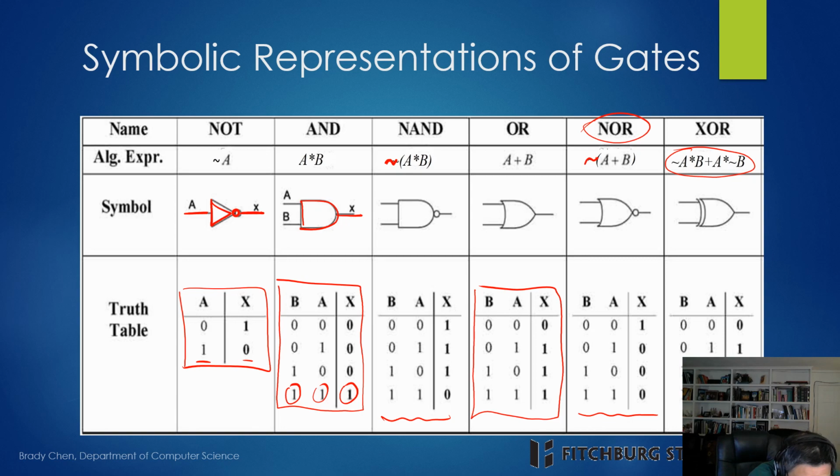Now the exclusive OR gate is kind of strange, because if you look at the table, the output line is based on these 2 input lines. If both input lines have the same value, the output line is 0. If the input lines have different values, then the output is 1. Okay, so that's the exclusive OR gate.